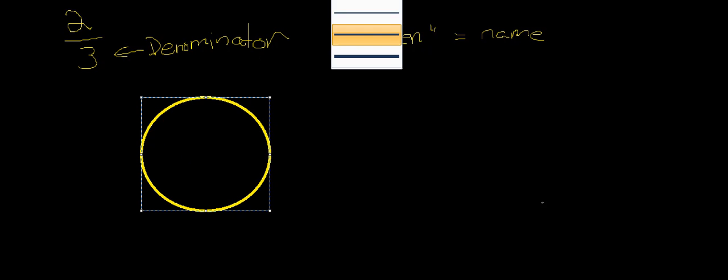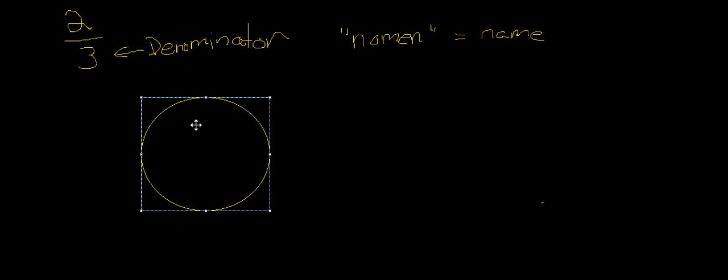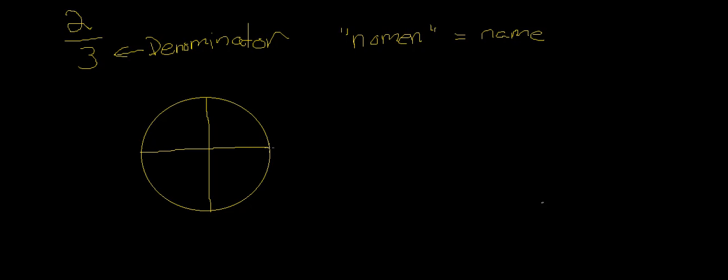Again, forgive me, these aren't going to be that equal because I'm drawing, but we're going to assume these are equal. If I split this into 4 equal parts, I have broken this into fourths. Okay, so I have my whole, and I've broken it into fourths.